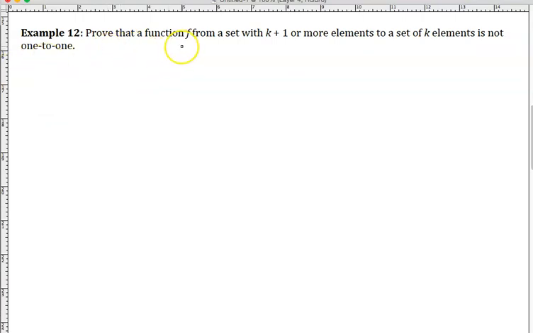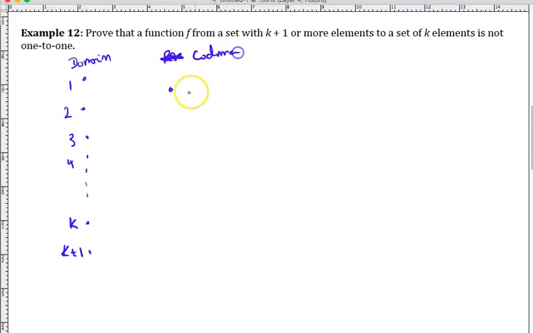So a function from a set with k plus 1 or more elements to a set of k elements is not going to be one-to-one. We can show a proof with the diagram. If my domain is a set of elements 1, 2, 3, 4, dot dot dot, k plus 1 elements, but I only have in my range, or my codomain, 1, 2, 3, up to k spaces, then this is not going to be one-to-one.